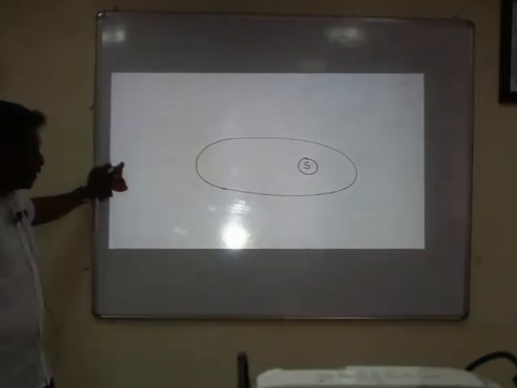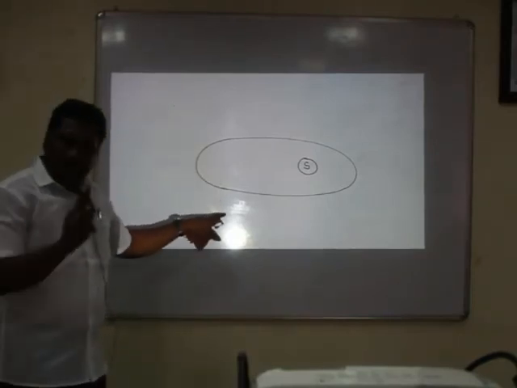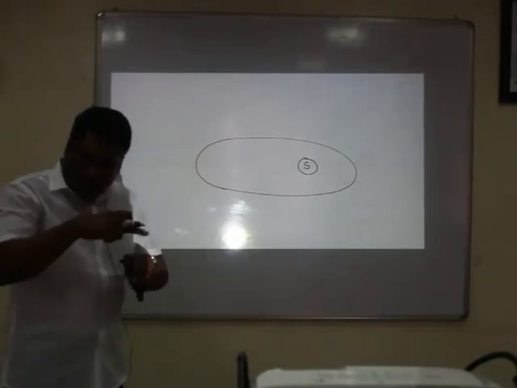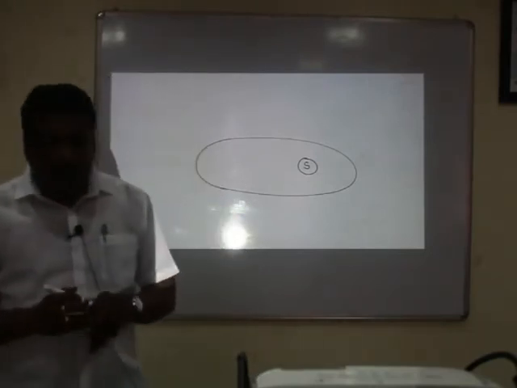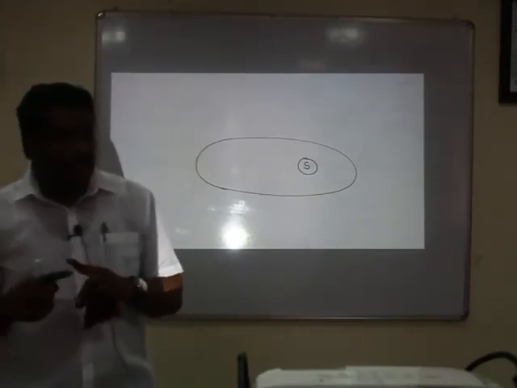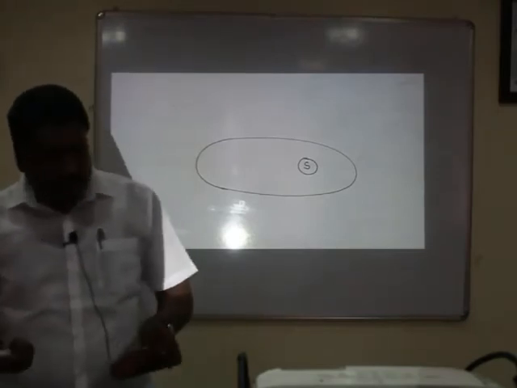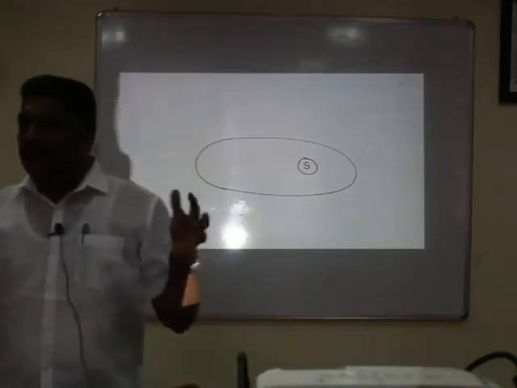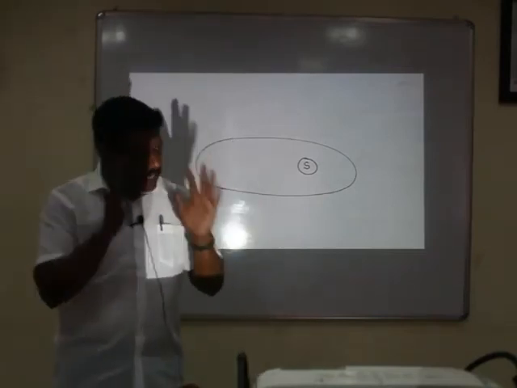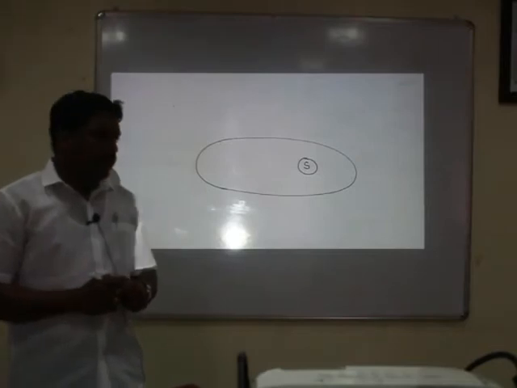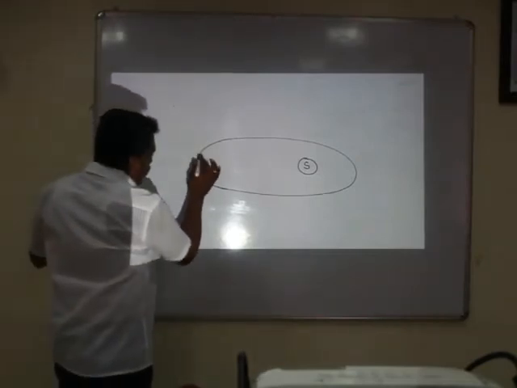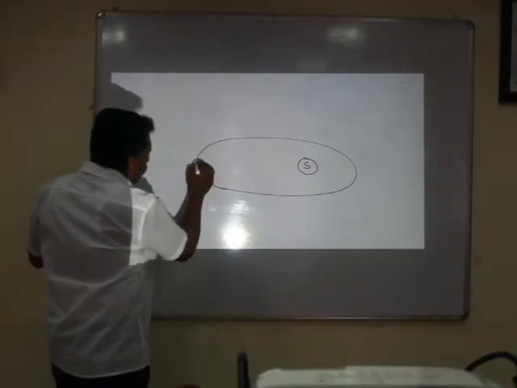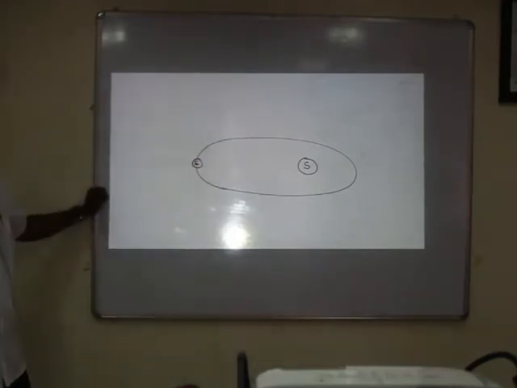Now, what exactly is the understanding? If this is the orbit of the earth, can I say every day the distance between sun and earth will change? So I do not have any constant distance between sun and earth. Every day it is going to change. Can I say at one point of time, earth will be placed as far as possible from the sun?